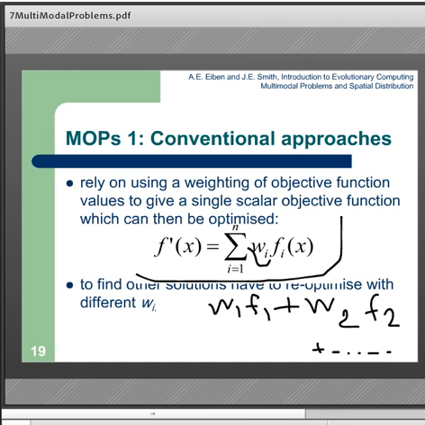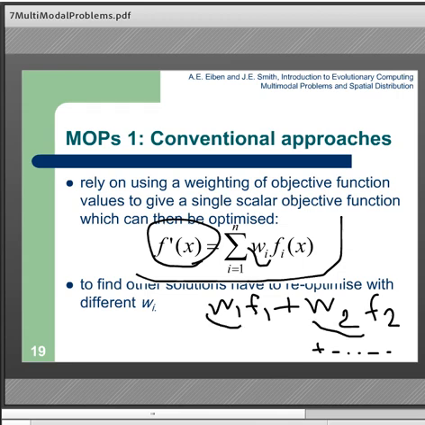It is one of the ways to build a fitness for a MOP problem. But it is not a good way because it is related to the data.